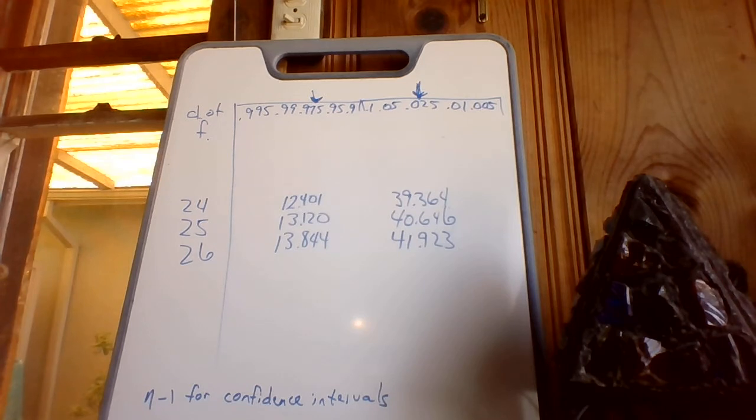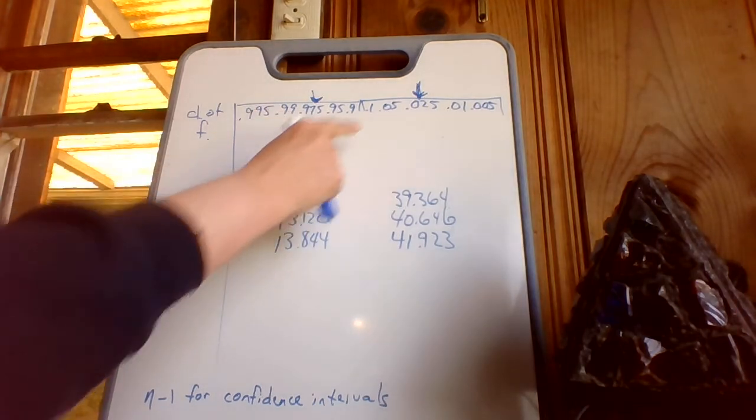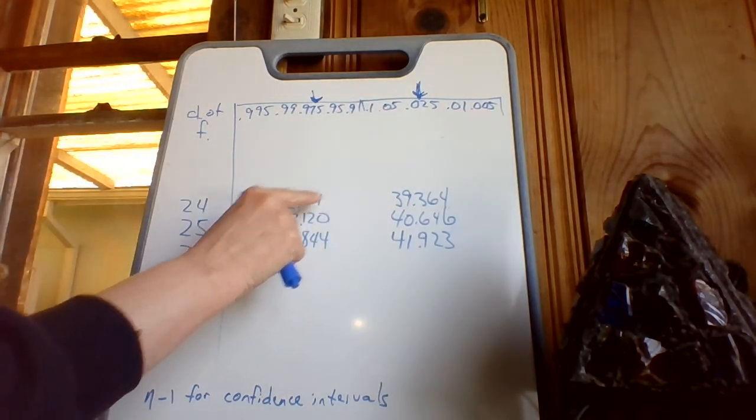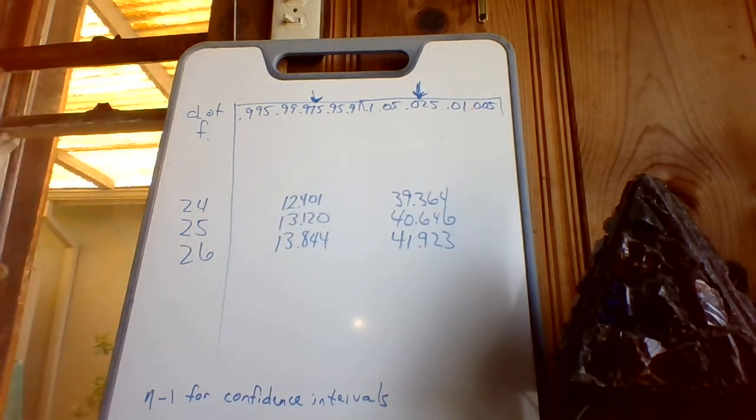So if it said n is 25 and 95%, then you go to 24 and go down those two columns, 12.401 and 39.364. That's how you read that. You subtract 1 to go down this column, and then you go down these center two columns. Okay, so that's how to read the chart. We need that for section 6.4.